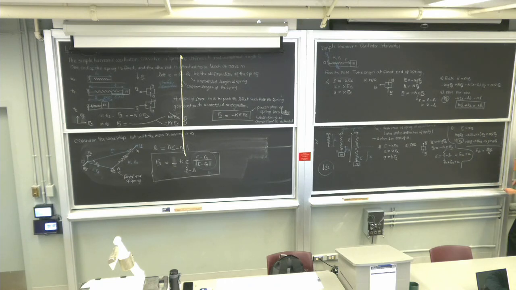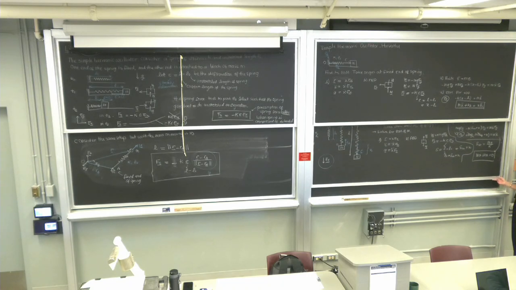So basically the mg and k delta static terms cancel out. And what am I left with? M x double dot plus kx is equal to 0. The same equation that I got for the horizontal harmonic oscillator.